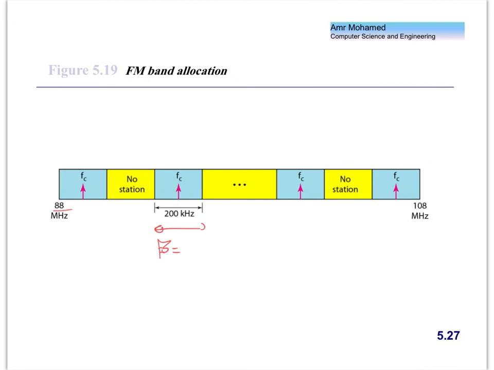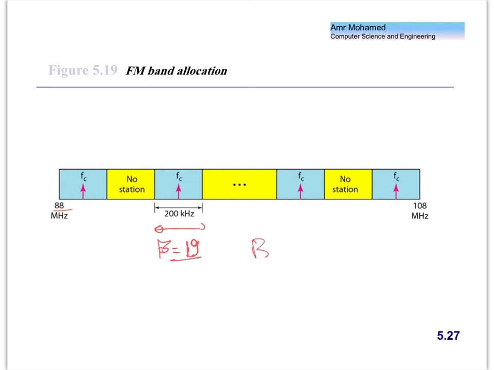Now it's 20 times. So see, the FM has 20 times the bandwidth of AM, right? So what is the value of beta here? The value of beta here is 19. Why?